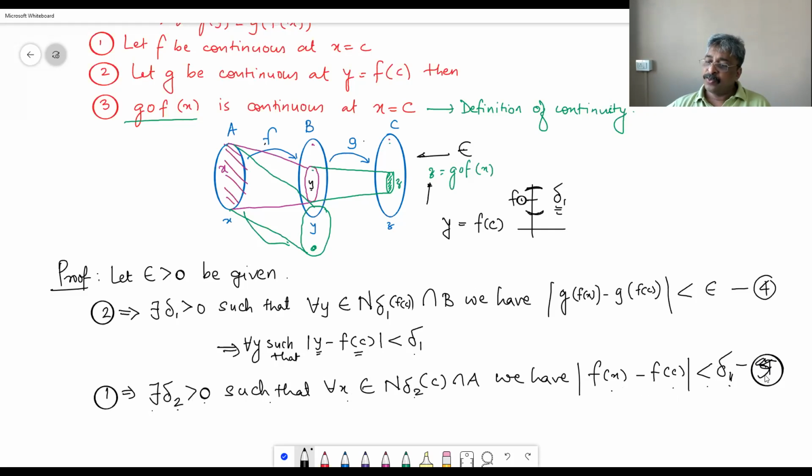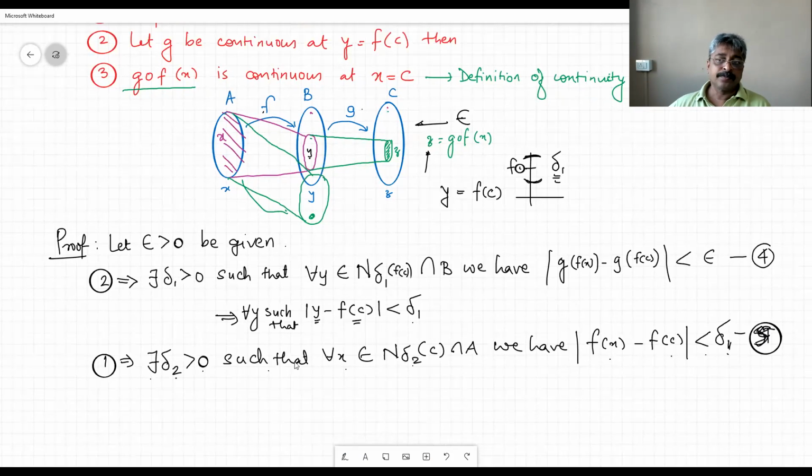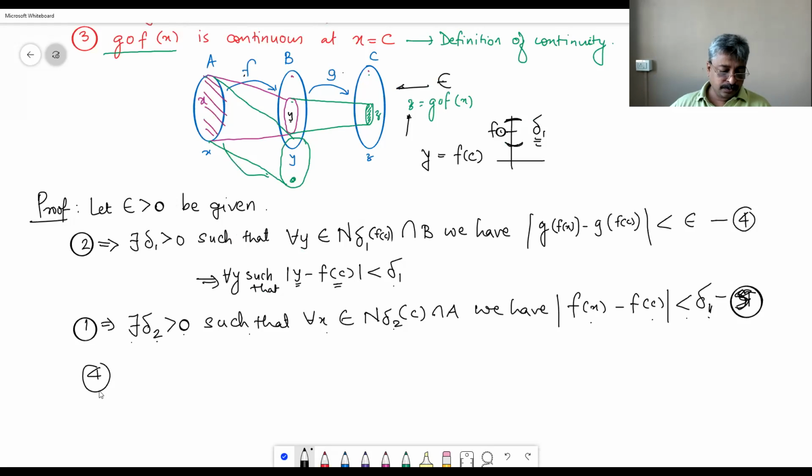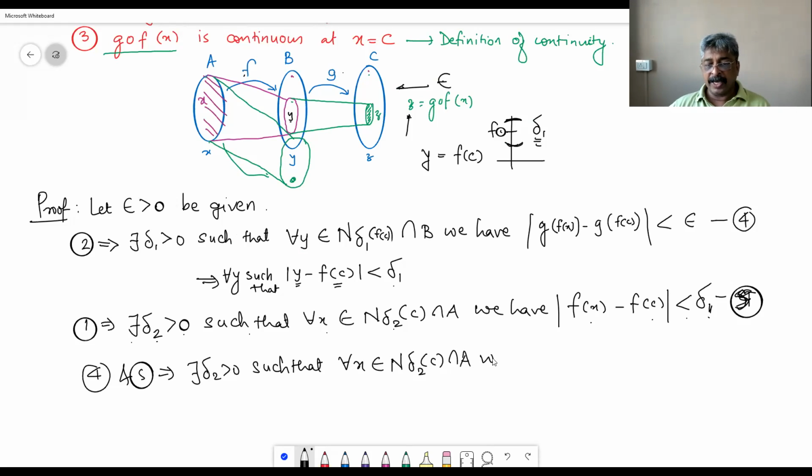So 4 and 5 will imply there exists delta 2 greater than 0 such that for every x belonging to the delta 2 neighborhood of c intersection A, we have the absolute value of g of f of x minus g of f of c less than epsilon.